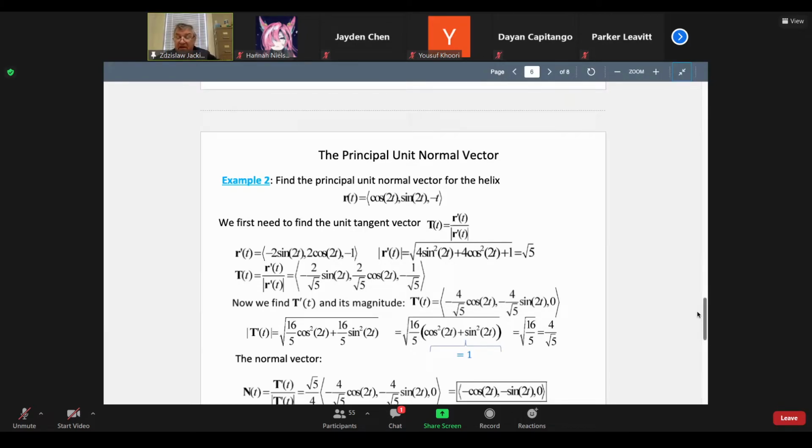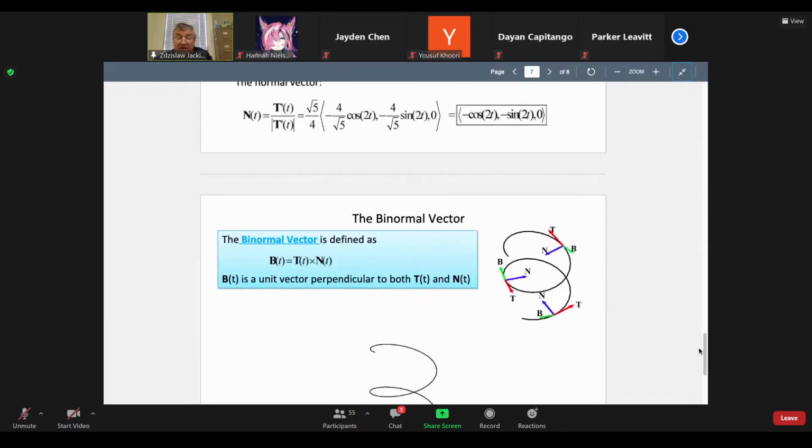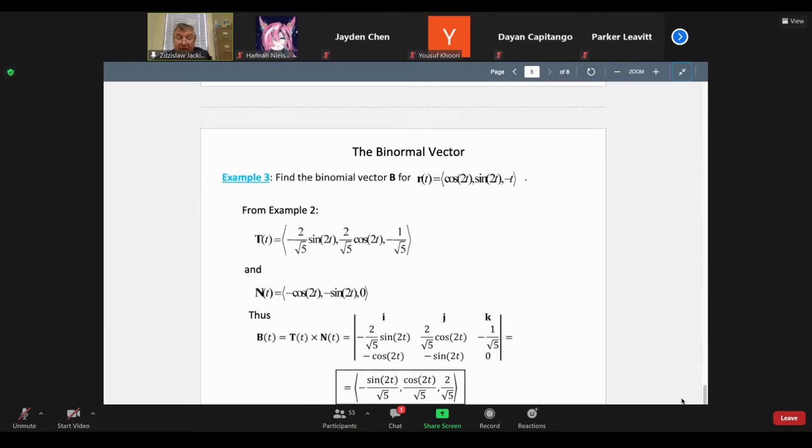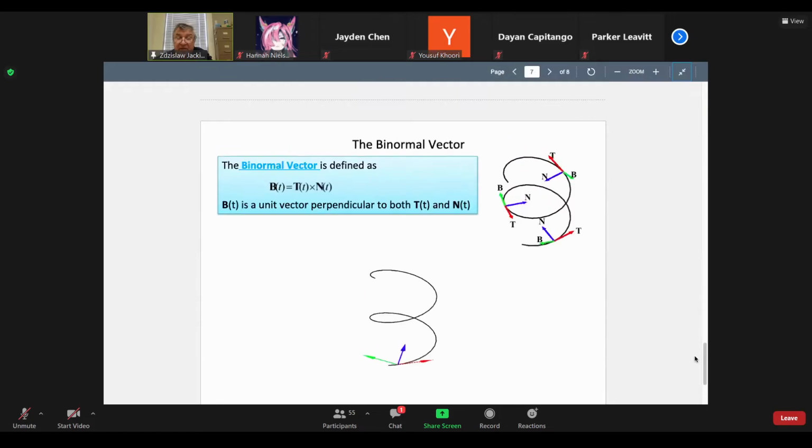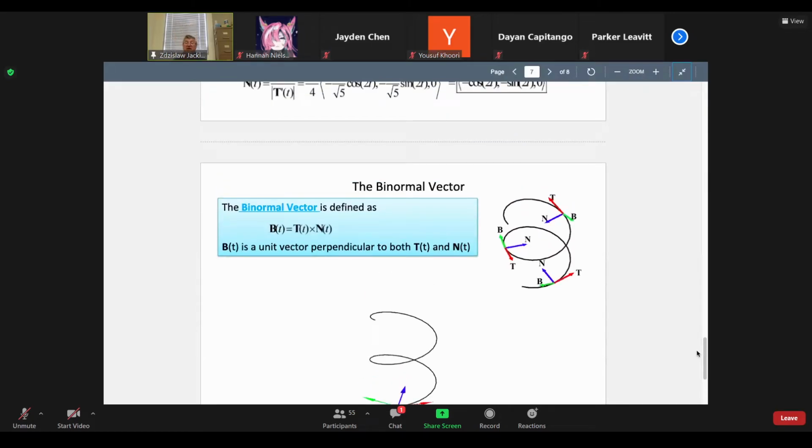Okay, there's one last thing. The so-called binormal vector. What is the binormal vector? Well, the binormal vector by definition, the notation is B, is the cross product of the unit tangent vector with the unit normal vector.